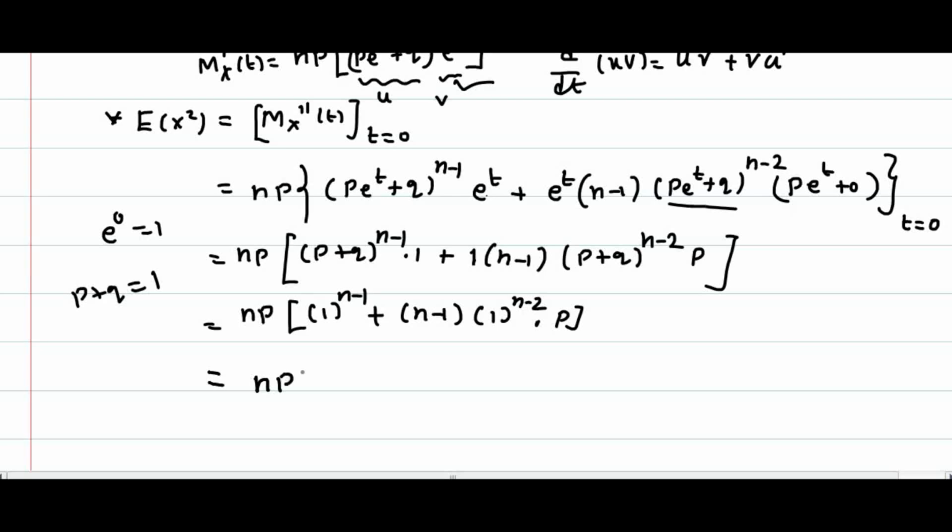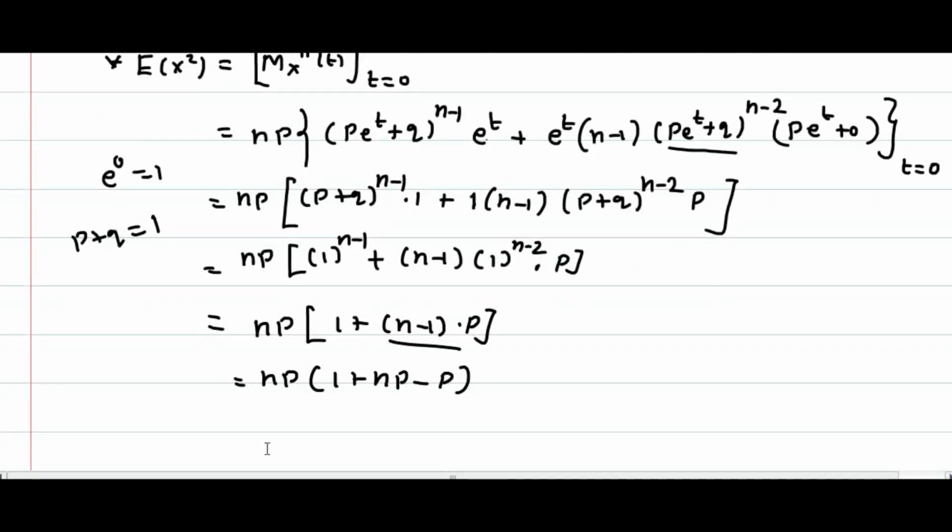So you get np into (1 plus (n minus 1) into p). If you multiply these two terms, we get np into (1 plus np minus p). Once again you multiply these two terms, we get np plus (np) whole square minus np square. So this is nothing but the expected value of x square.